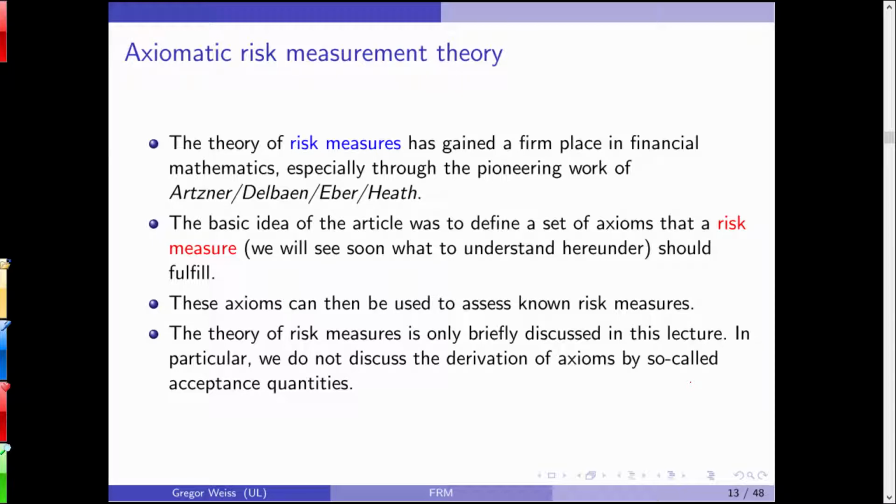Now, this is a very, very simplified look at the theory of risk measures. Especially if you are interested in this, because you are studying mathematics or financial mathematics, I should urge you to have a look at that paper. It's very simple, actually. It's not very challenging from a mathematical standpoint, and it's also almost 20 years old.